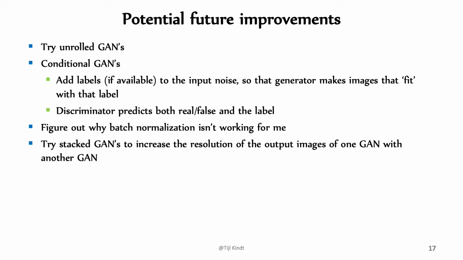The fourth thing I could try is stacked GANs, which basically means that you use one GAN to create fake images of a certain resolution, and then you create a second GAN that specializes in upscaling a low resolution galaxy to a high resolution galaxy.